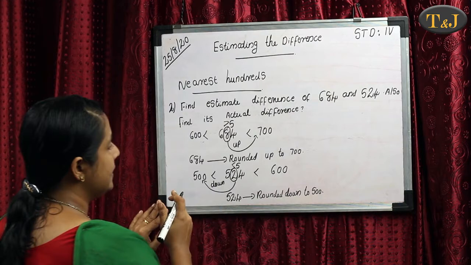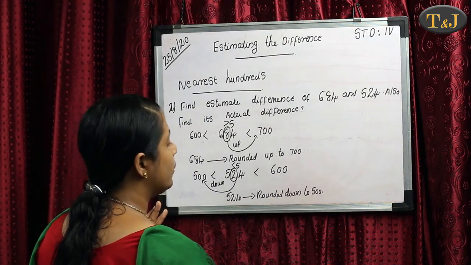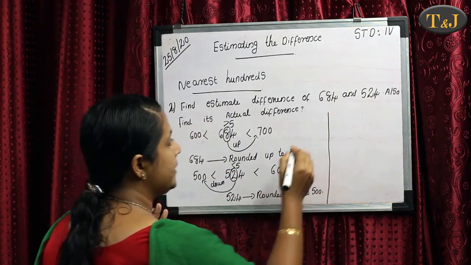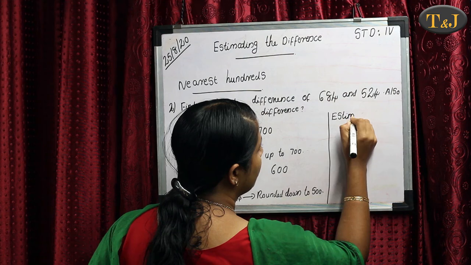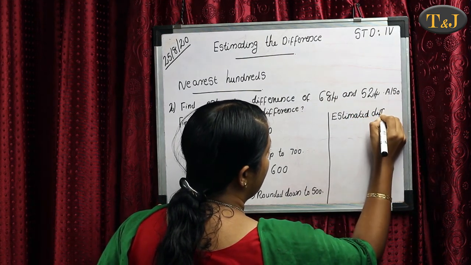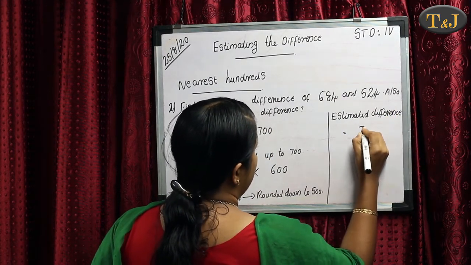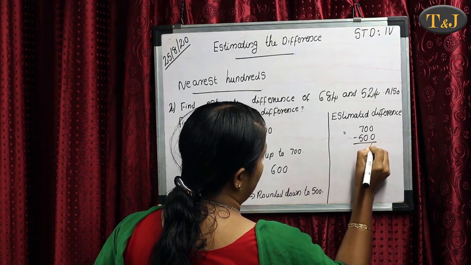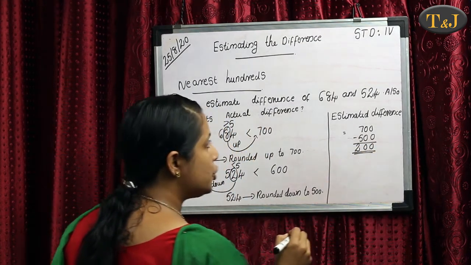Now we get 684 as 700 and 524 as 500. Next we want to find out the estimated difference. Estimated difference equals 700 minus 500. 7 minus 5 equals 2. So the estimated difference equals 200.